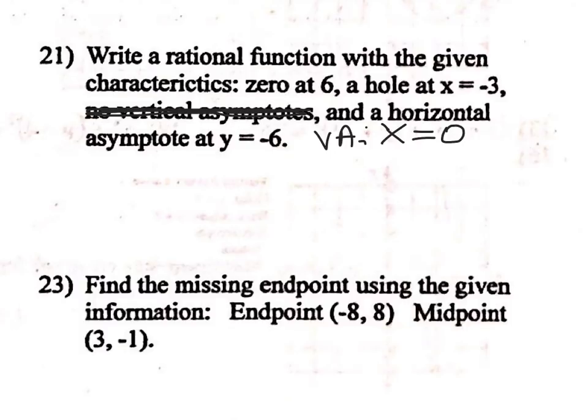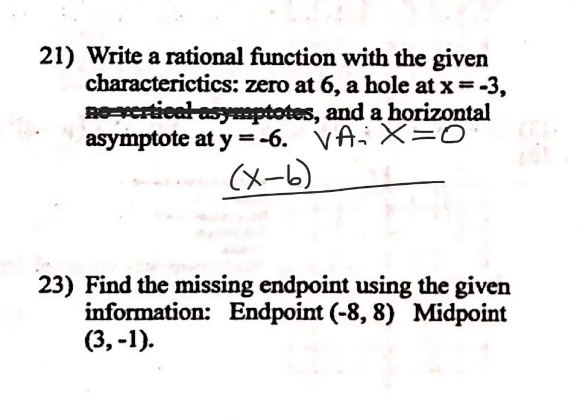We have a rational function given the characteristics: a zero at 6. That means that I have a value in my numerator of x minus 6, because that's what's going to give me a zero at 6.